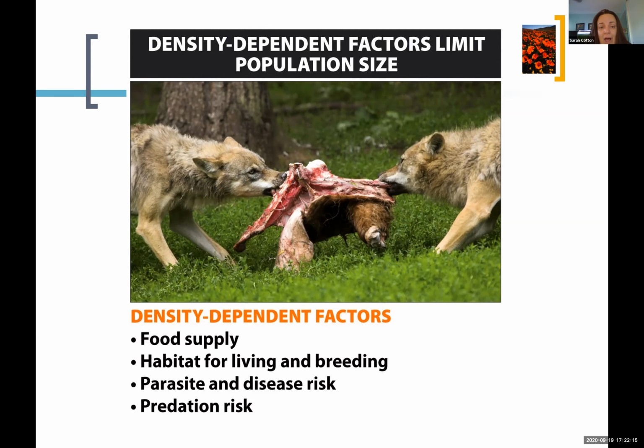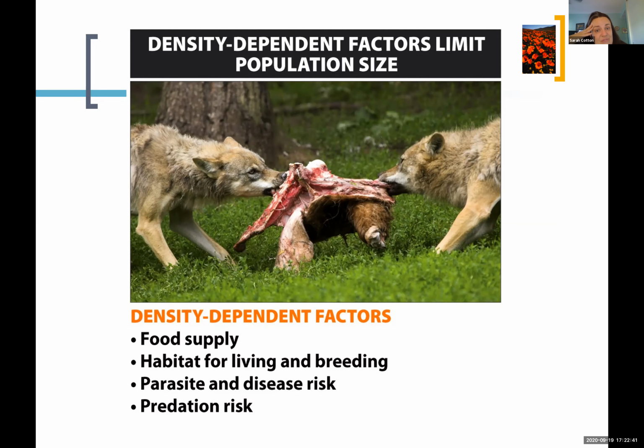So whether or not there's enough food for your wolf pack depends on how many wolves are in the pack. So it's density dependent. The effect of food supply on that population is determined by the density of the population. Okay, so the size of the population.